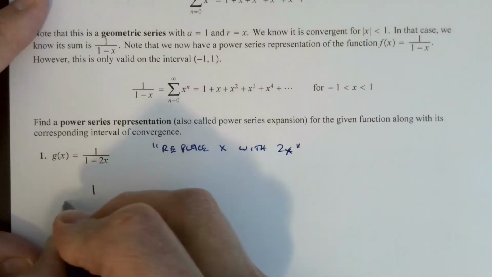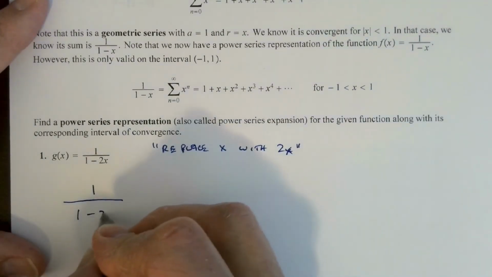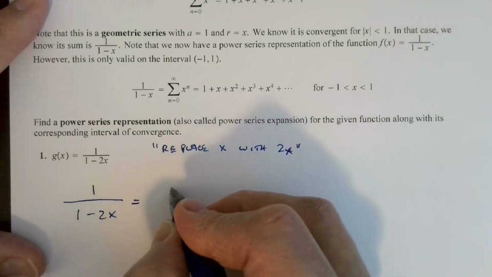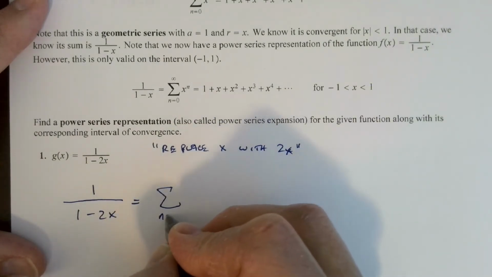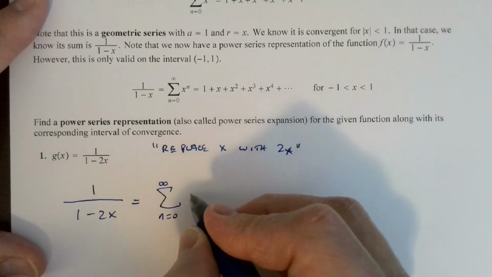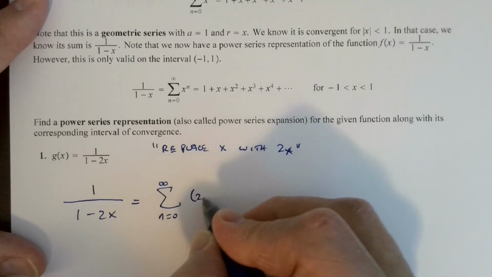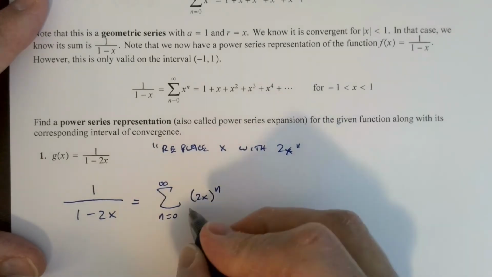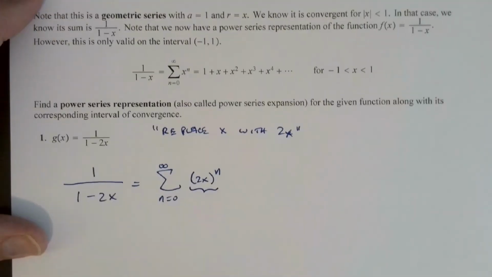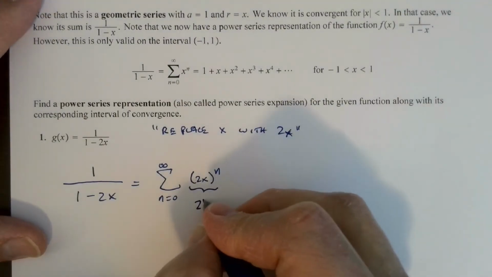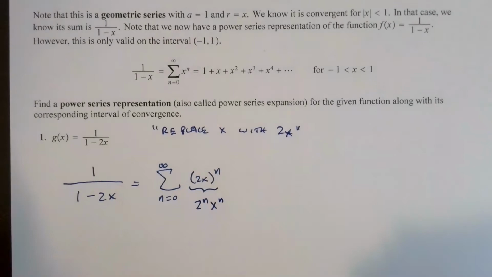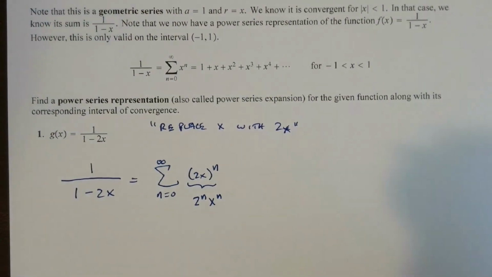So 1 divided by 1 minus 2x, the function is, and I'm going to replace x with 2x, so I've got 2x to the n. Now what is 2x to the n? That's 2 to the n, x to the n. Right, so there's the power series representation.